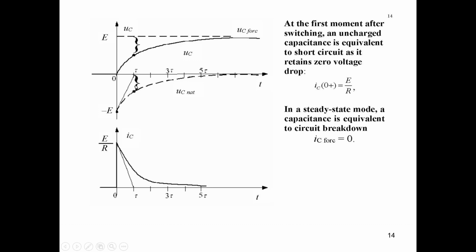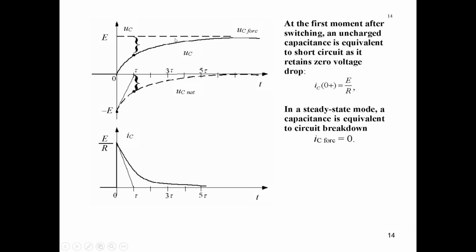And between these two states we have transient processes, which follow an exponential function, and the duration of this transient process is approximately equal to 4.6 tau C, where tau C is equal to R multiplied by C.